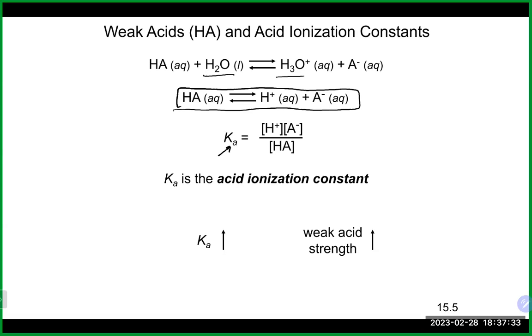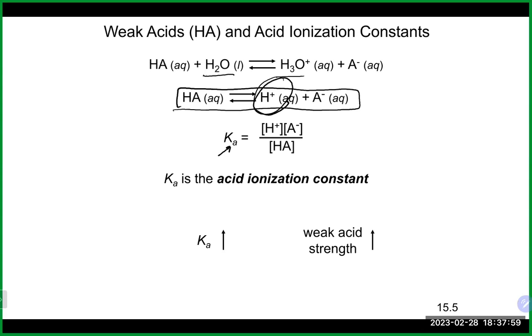So if the Ka value is a larger value, why does the weak acid strength increase with that? What does a large value of K mean? We mainly have what when we reach equilibrium? Yeah, we mainly have products when we reach equilibrium, which means we have a lot more free H plus in solution. So as the Ka value increases, the strength of that weak acid increases as well.